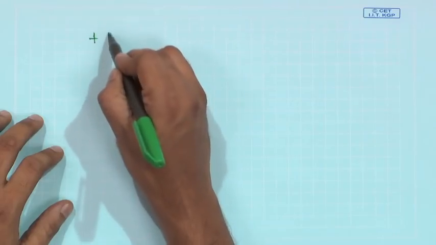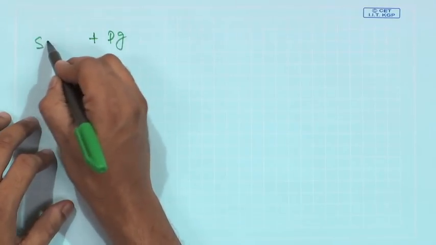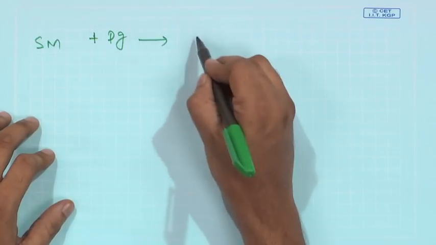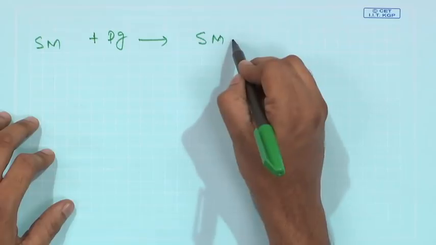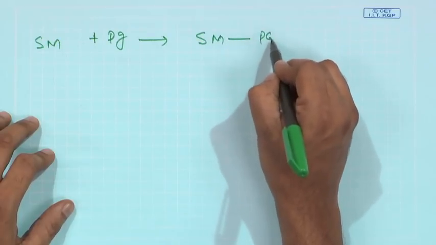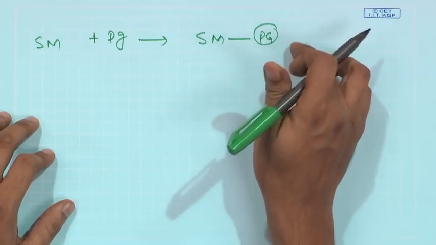Now, the point is protecting groups are always not recommended, because if you use a protecting group, your synthesis will not be step economic, because you are adding two extra steps. First you have to add your protecting group to the starting material to get a starting material with a protecting group as a covalent attachment.